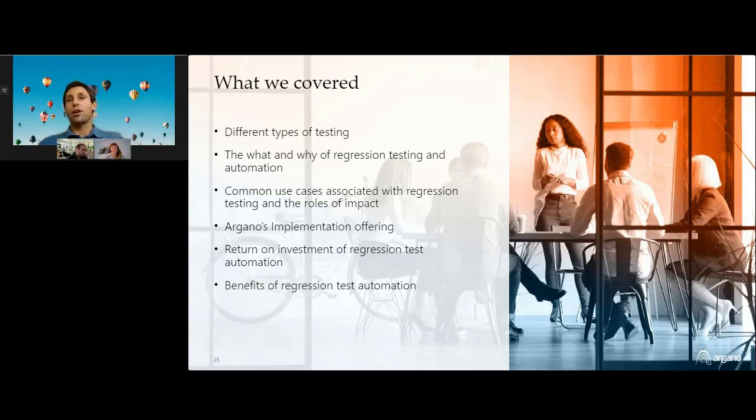We looked at a quick view of Argano's implementation offering and some analysis on a return on investment, as well as some specifics around the benefits associated with regression test automation.